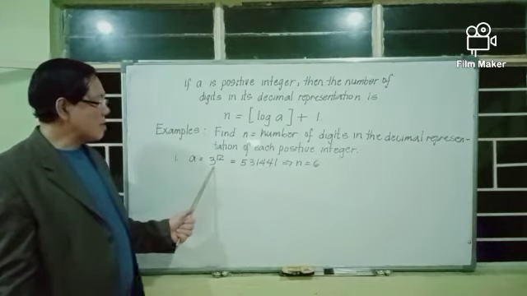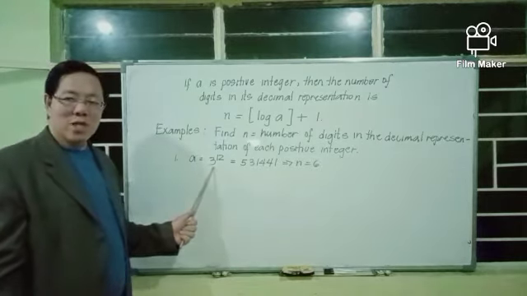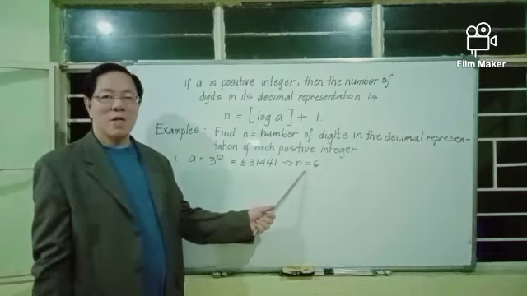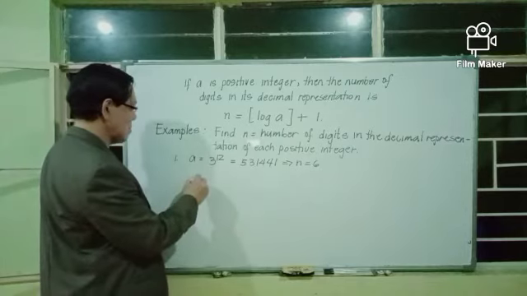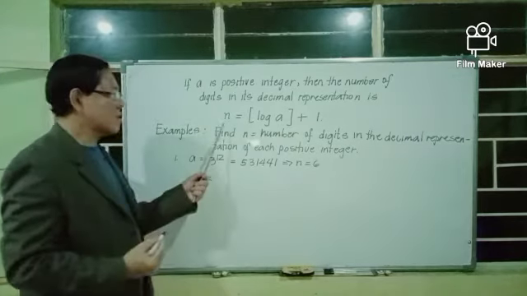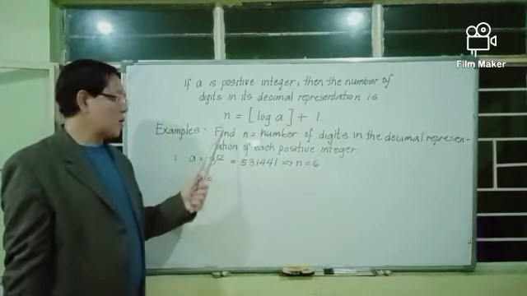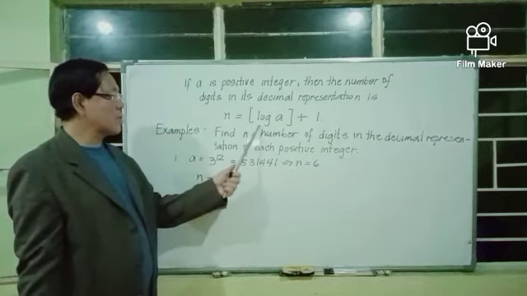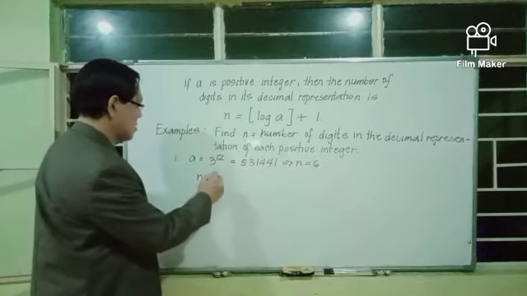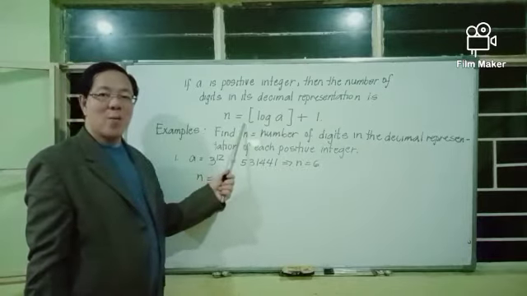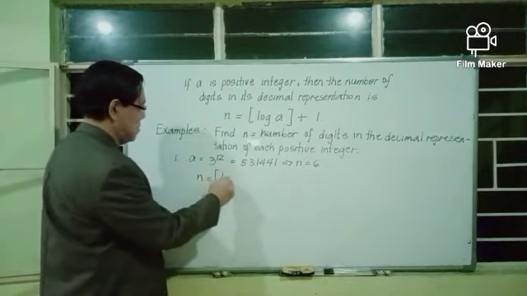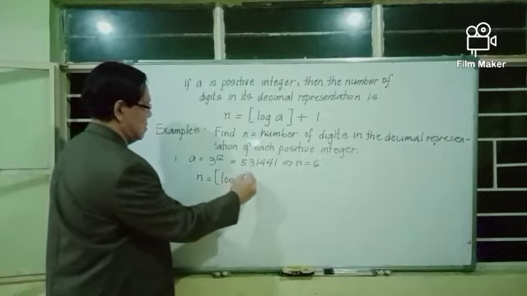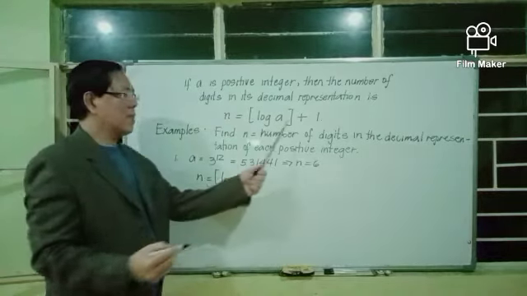Now we will check if this 6 is correct using this method. The number of digits in the decimal representation of 3 to the power 12 is equal to the floor of the logarithm of a, plus 1.